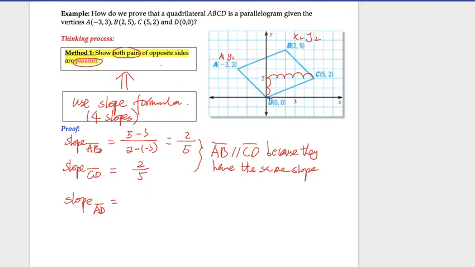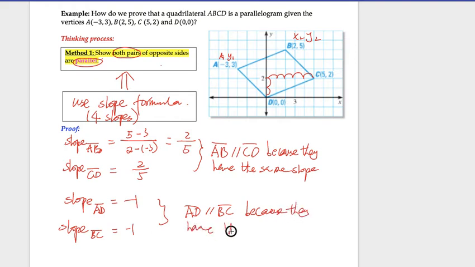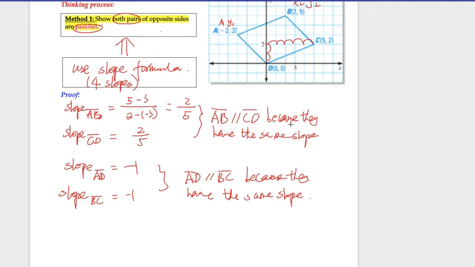So the slope of AD is -1, and if we check, the slope of BC is also -1. So we have a similar conclusion, because they have the same slope. Try not to be lazy about that. You can always type or write it down. But remember, this is a calculation, so these two sentences explain what happened to the slopes of each pair.